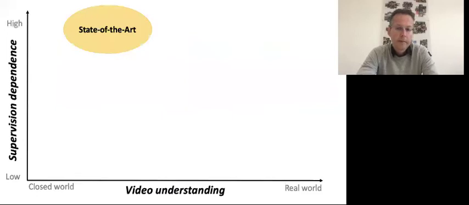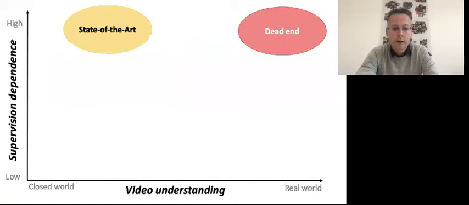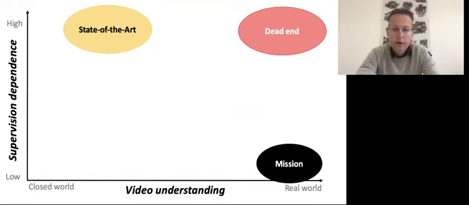So it is pretty clear that moving along this direction for video understanding in the real world, which is highly dependent on supervision, is a dead end. Not to mention all the ethical and computational constraints that come with it. So the mission should be to have real-world video understanding, which is not as dependent on supervision as today's methodologies.